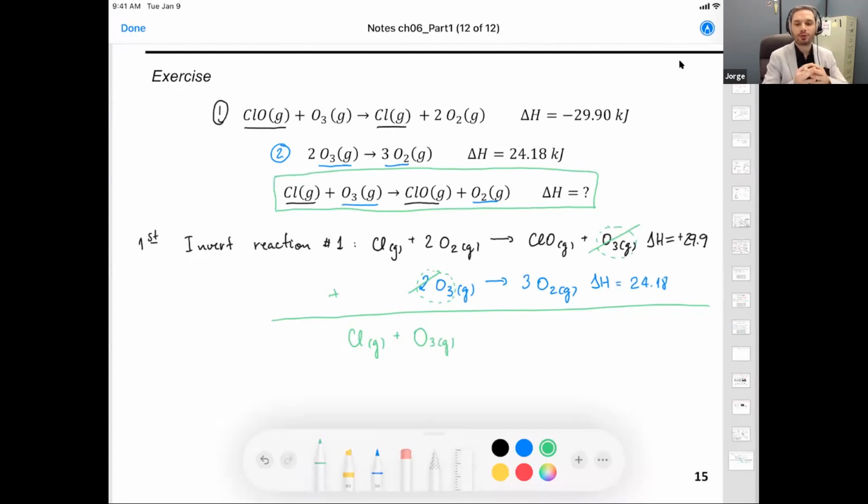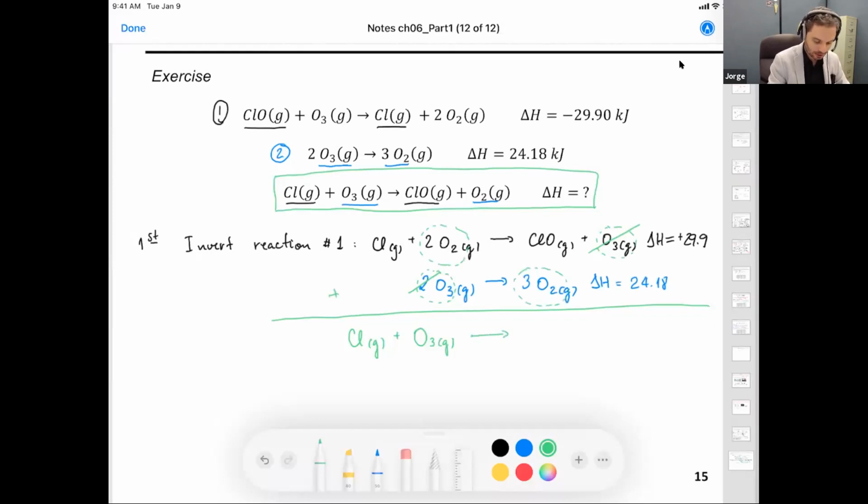So we are going to treat them exactly as mathematical equations. That's all for the reagent side. Now let's take a look at the two molecules of oxygen here for the first one, and now we have 3 on the other side for the second one.